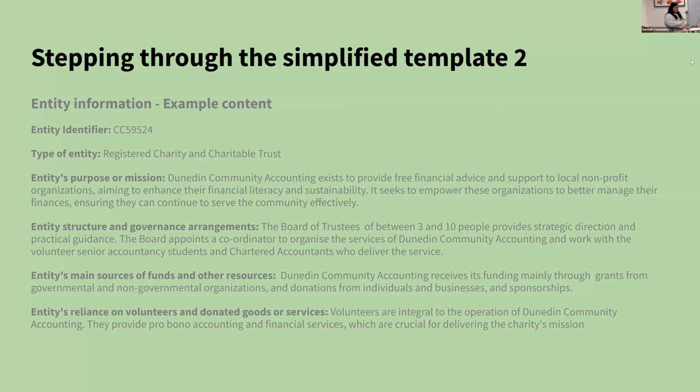DCA's main sources of funds are grants from the government and non-governmental organizations, and also donations from individuals and businesses, and sponsorships. In terms of reliance on volunteers, DCA relies heavily on volunteers to operate, and they provide pro bono accounting and financial services, which are crucial for delivering the charity's mission.